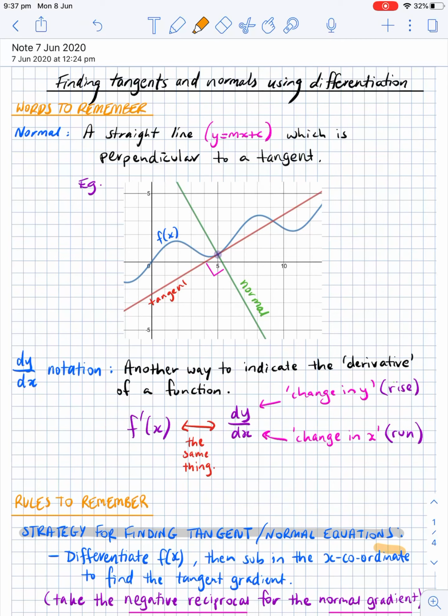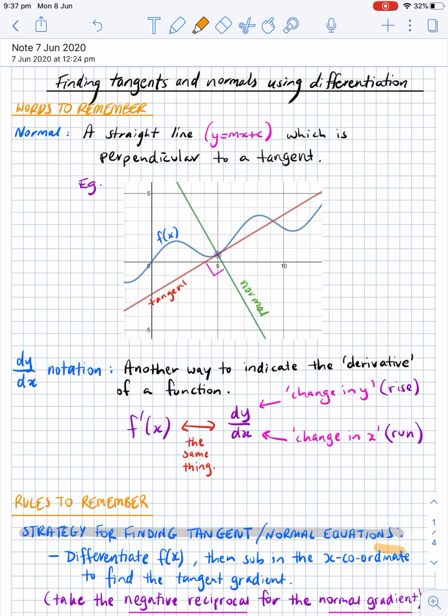Next up is dy dx notation. This is not dy over dx, it's just called dy dx. It's another way to indicate the derivative of a function. So dy dx and f dash of x are interchangeable. They both mean the derivative. The reason we like this notation sometimes is because it refers to the rise and run of a non-linear curve.